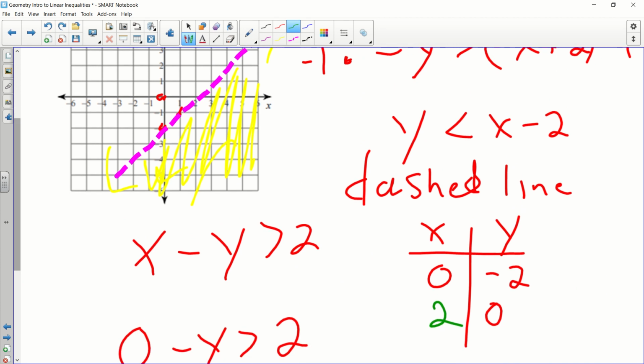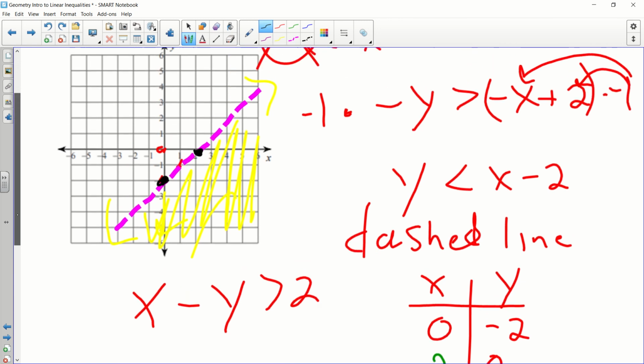We'll mark them in black. 0, -2 we already have on the line, and 2, 0 is also on the line. So that is the second method: find those intercept points by putting in 0 for x and 0 for y to find your 2 points so you can create your boundary line.